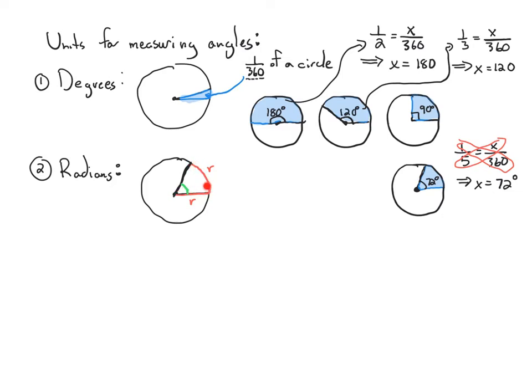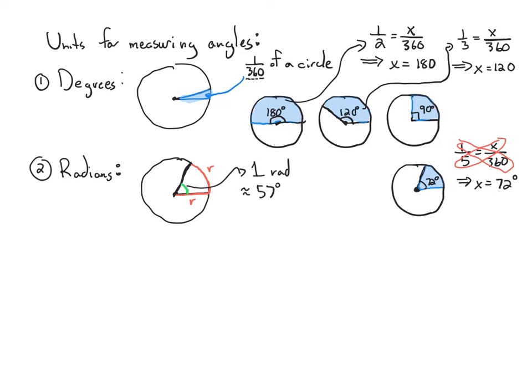So when they are the same, the angle that allows that to happen, that's 1 radian. So this is 1 radian. And I'll tell you that's roughly 57 degrees, something like that. But we're not going to worry too much about radians in this course. We're just going to be talking about degrees.